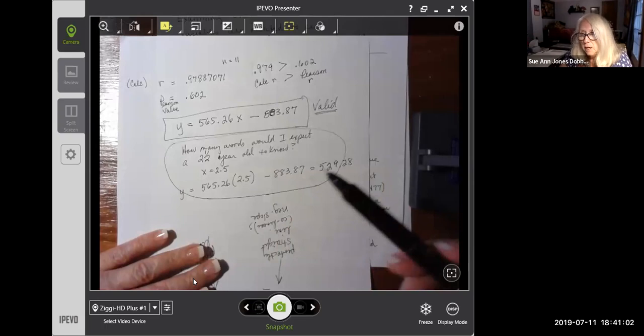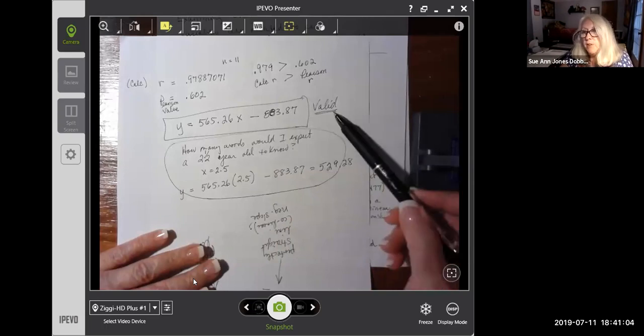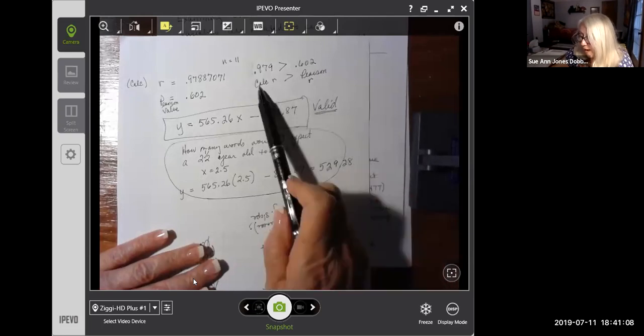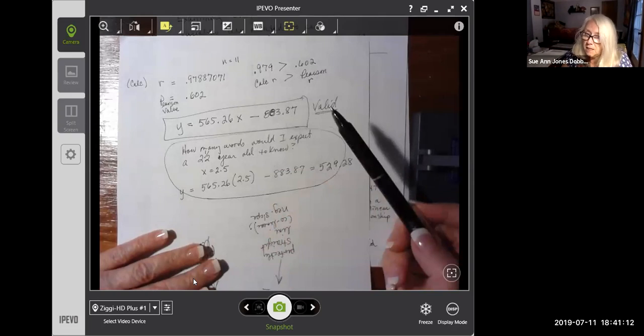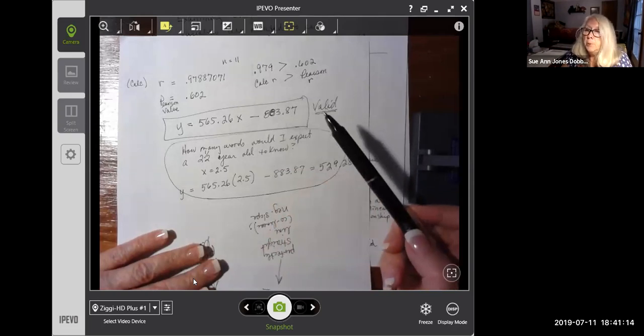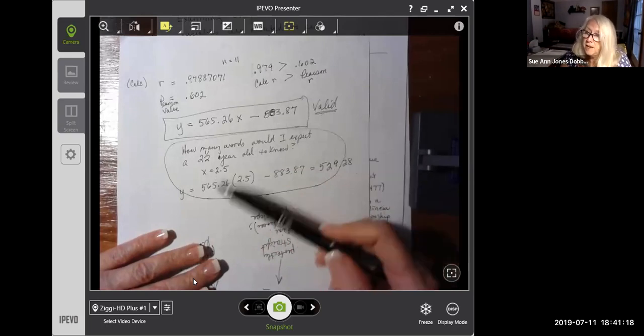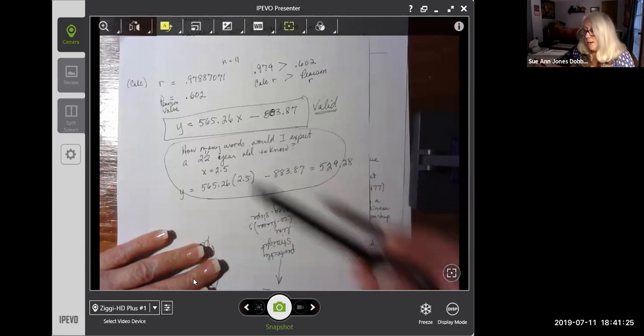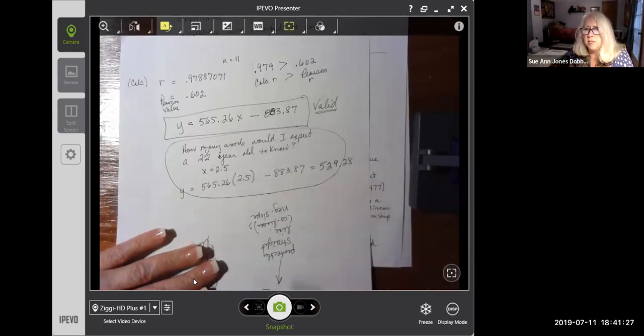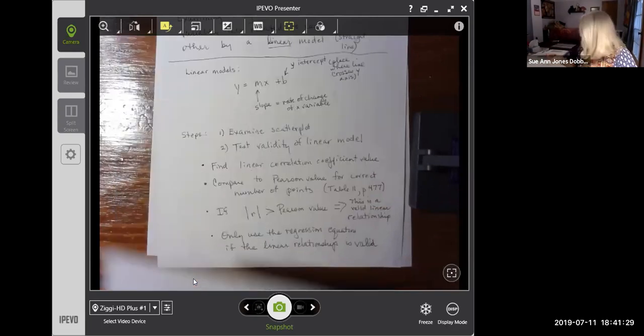One is you have to prove that the linear model is valid according to this rule about the calculated R being greater than the Pearson R. And the second is that the prediction you are asked to make has an X value that is within the range of the original X values of the original data. Okay, so now I'd like to show you how to do this exact same thing using the calculator.